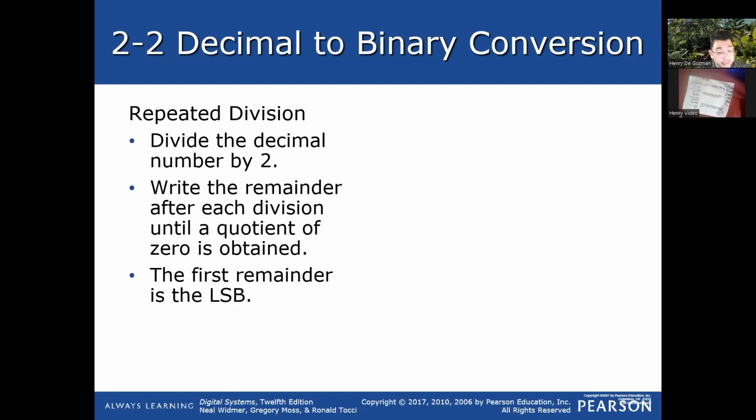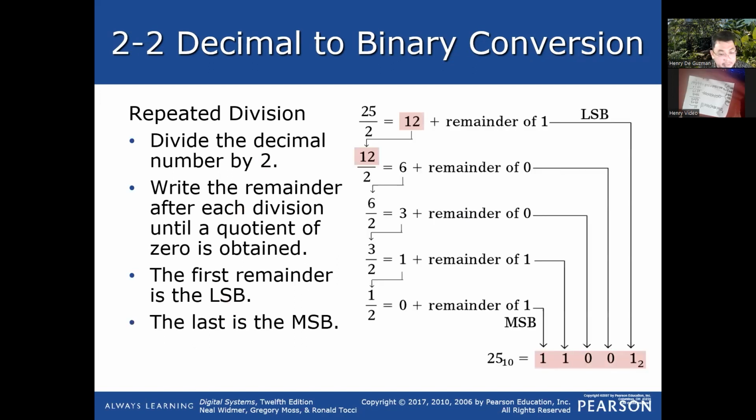Then the first remainder is the least significant bit, no? Yan. Is the least significant bit, pinakahuli. Yan yung first. Kasi when you divide the 2 in any number, the only remainder is only 1 and 0. Diba? So whatever the answer, that's the least significant bit, no? Then the last is the most significant bit, no?